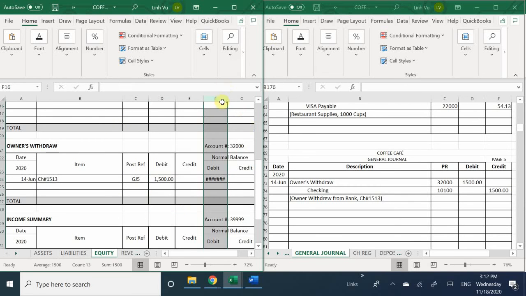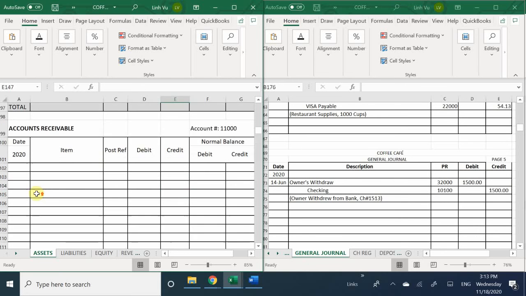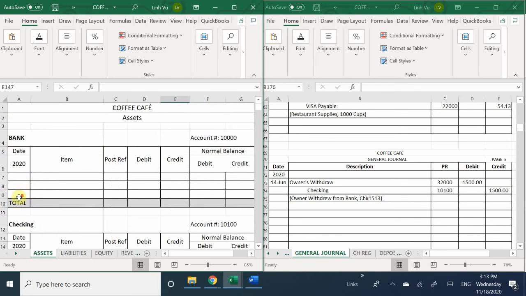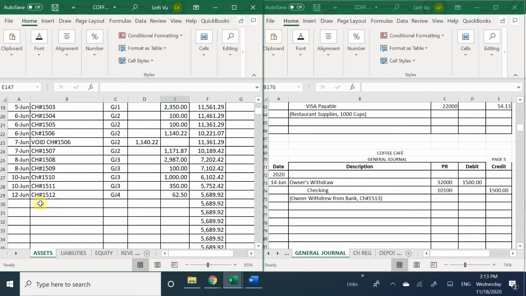Okay, so I'm going to expand my account real quick so I can see my 1500 in there. And then the last thing that you're going to do is, of course, go to your checking account and process that check on the 14th.